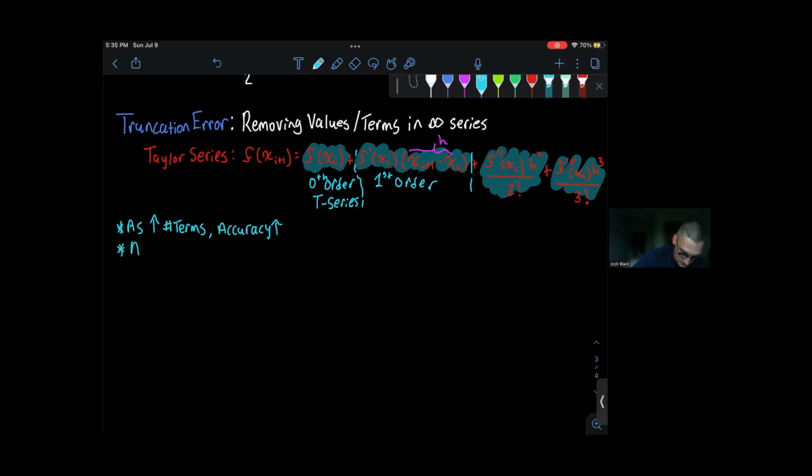We also know as we decrease our step size, the weight of higher order terms decreases. This is because we're taking our derivative, we're taking our step size, we're raising it to a large power, and we're dividing that by an even bigger number. That's going to make those numbers mean less because they're smaller.